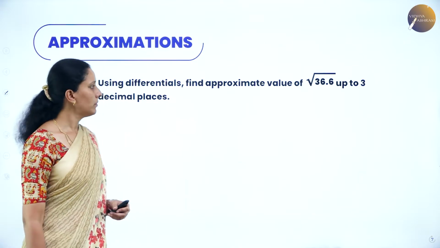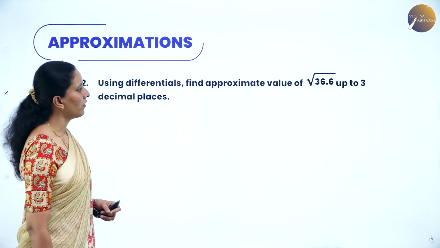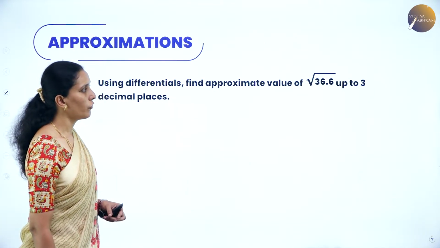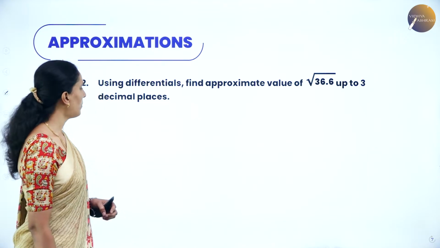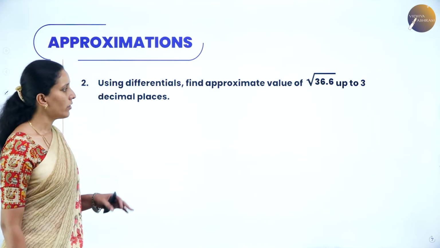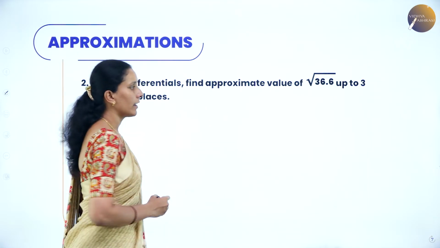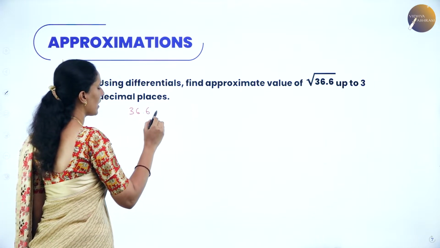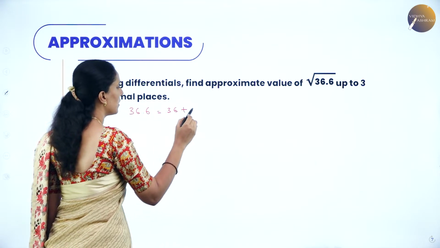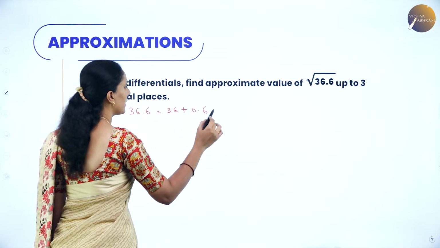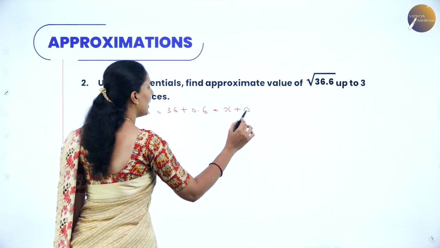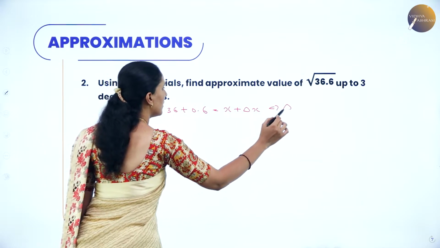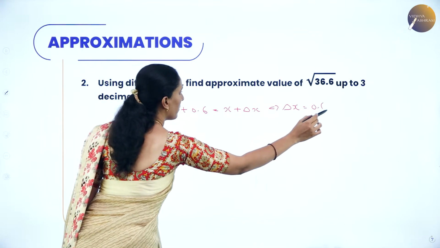Next one, using differential, find approximate value of root 36.6 up to 3 decimal places. So remember, 36.6 can be written as 36 plus 0.6. So let me take this as x plus delta x. So this implies delta x is equal to 0.6.